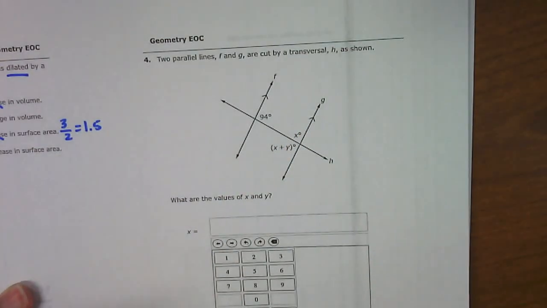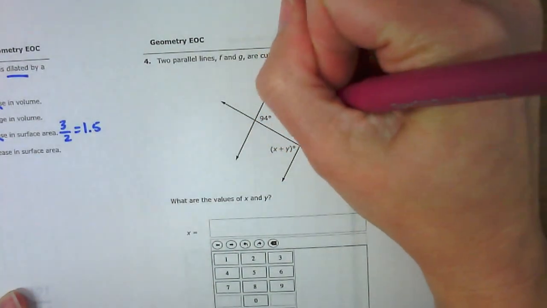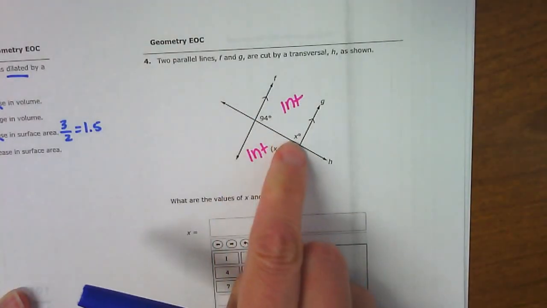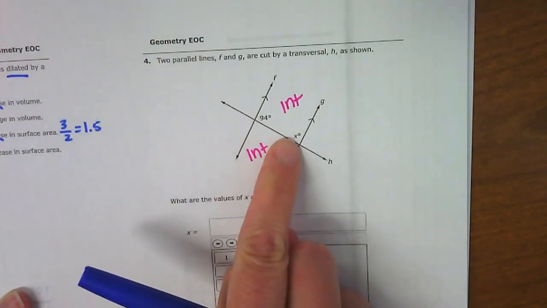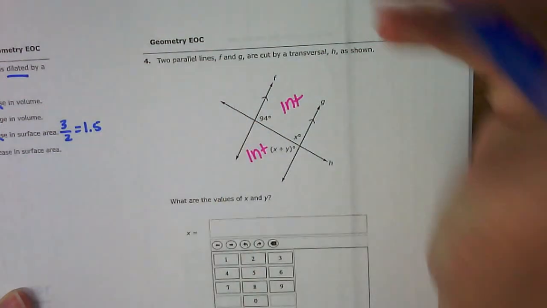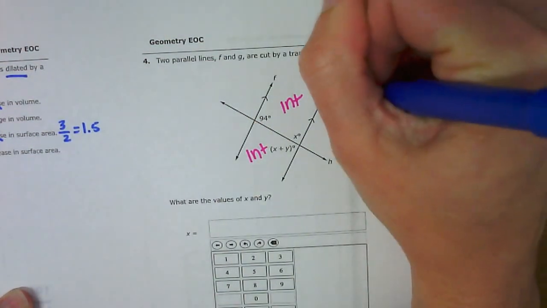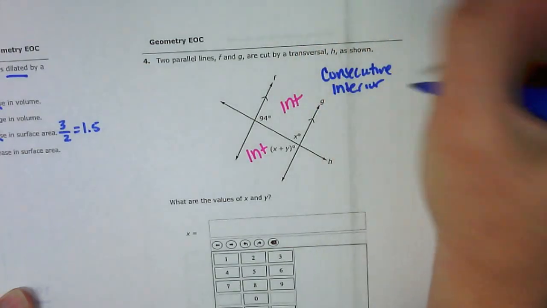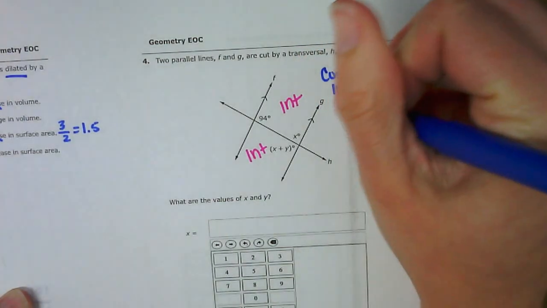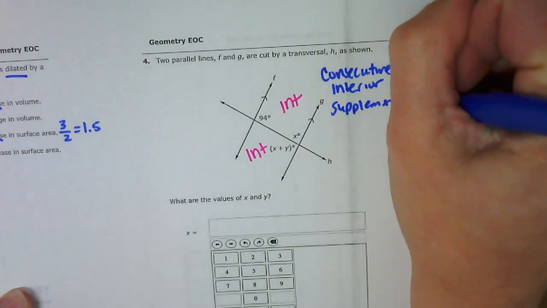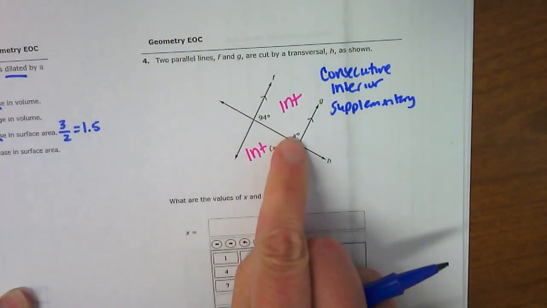We need to remember that we have interior angles here, and when we have interior angles that are on the same side of the transversal, those angles are called consecutive interior angles. Our consecutive interior angles are supplementary.